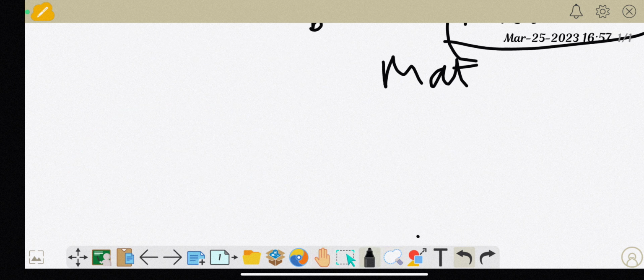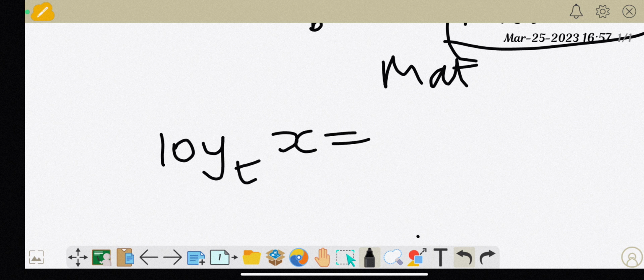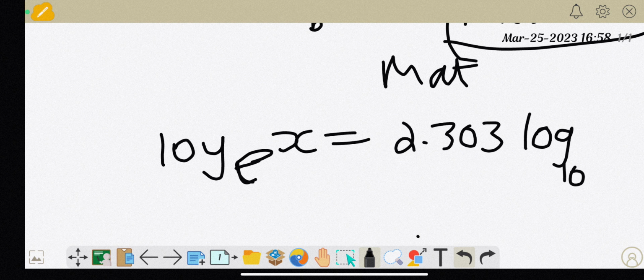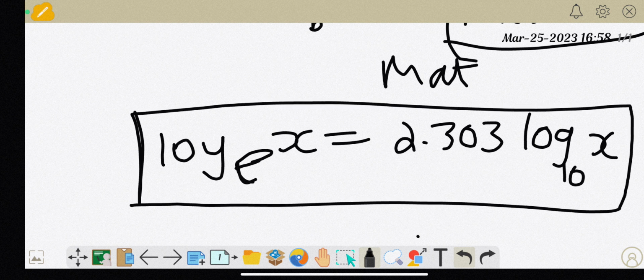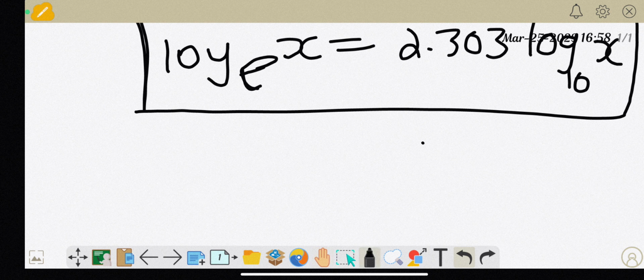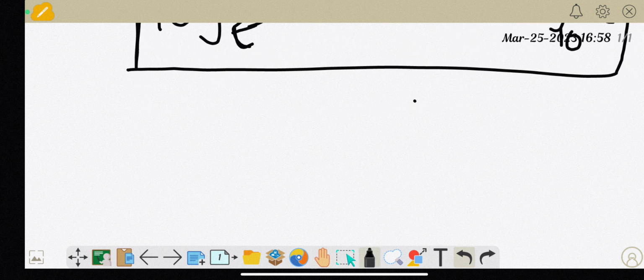Do you know there is a shortcut trick? Log base e of x you can convert into 2.303 log base 10 of x. Okay, this is the shortcut formula. If you want to derive this, just apply the definition we saw above.